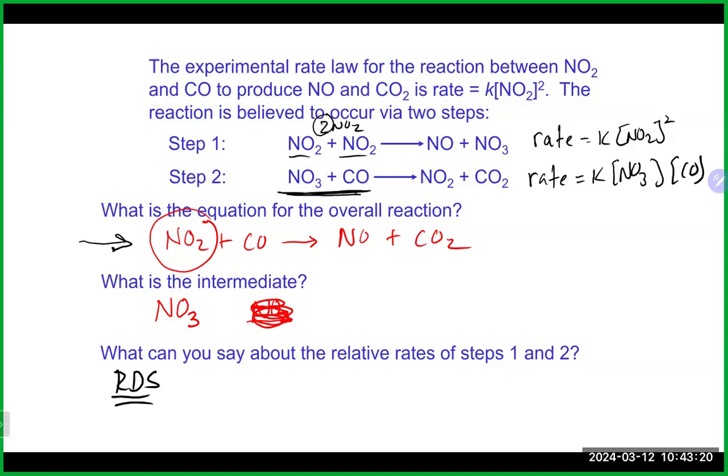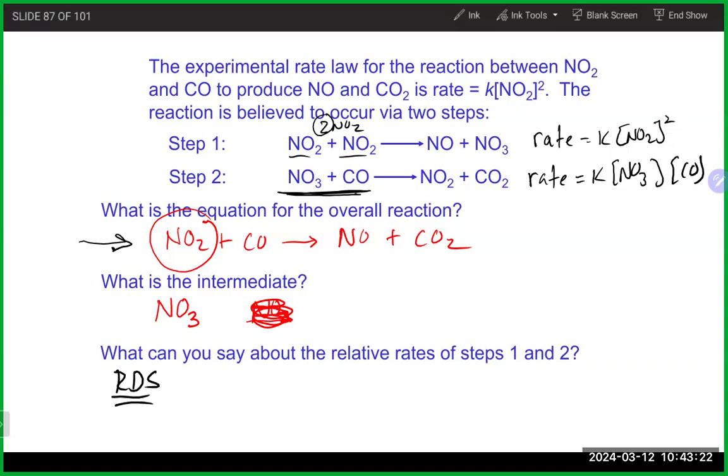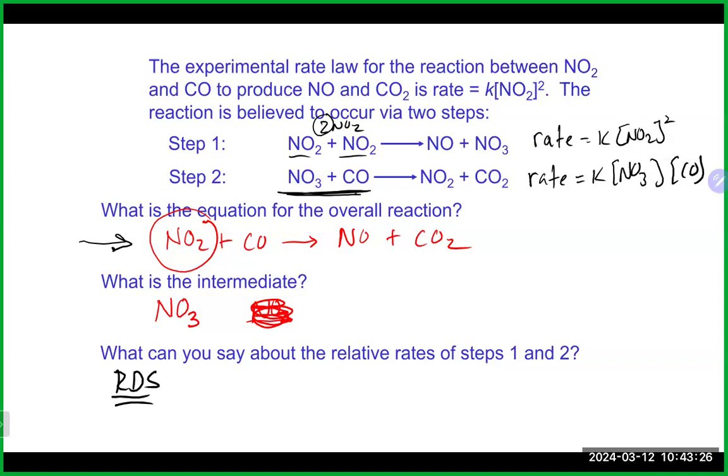So the rate determining step, as we talked about a second ago, should match what? Should match the experimentally found rate law, which was given to us in the problem, right? The experimentally found rate law is this guy, right? And which step matches that? Step number 1, right?